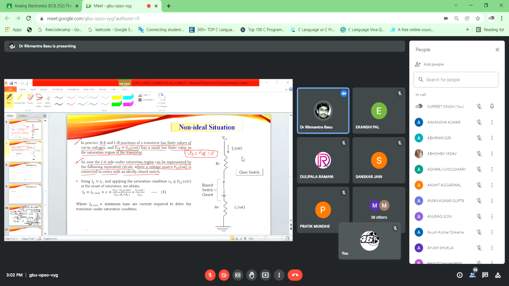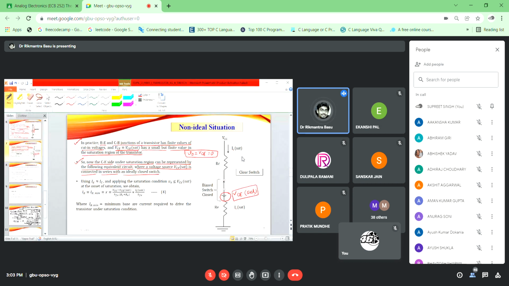Similarly, for the non-ideal situation in the cutoff condition, there is not much non-ideal behavior; you only have to take care of the breakdown voltages. But in the saturation region, that is when the switch is on, you have to consider the closed switch as well as a separate voltage source whose value is the VCE SAT.